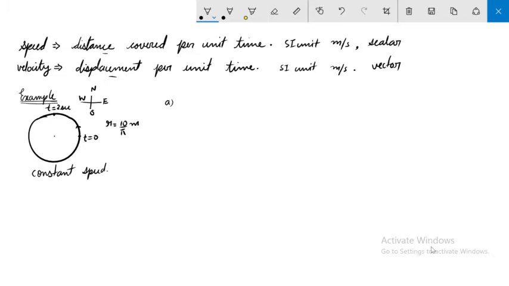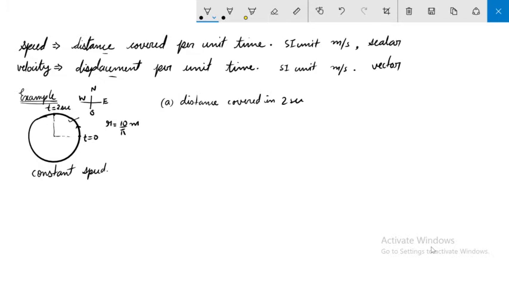Suppose the first thing that we want to find out is distance covered in 2 seconds. Now in earlier video we have studied that distance is the length of the path. So length of the path is equal to the arc length of this quarter circle.